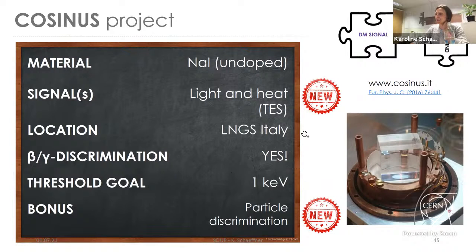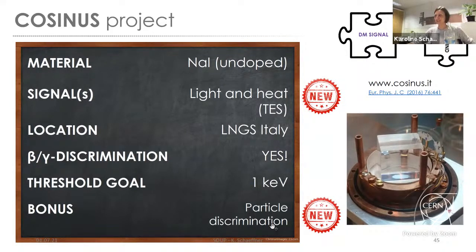Thanks to this double-channel readout of heat and light, we can do particle discrimination. So we can decide, yes, this event is a nuclear recoil, or no, this event is an electron scattering. The threshold goal is 1 keV, both for nuclear recoils and electrons. The heat signal is not quenched, so it's independent of type.